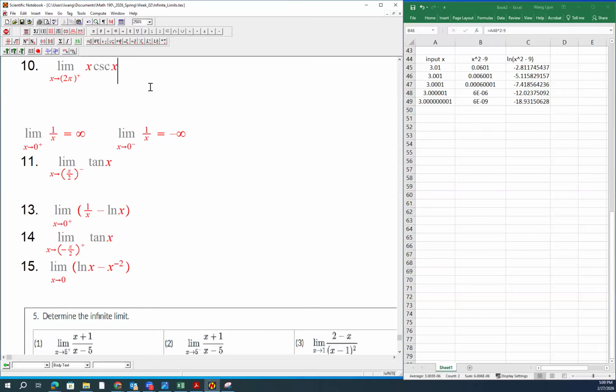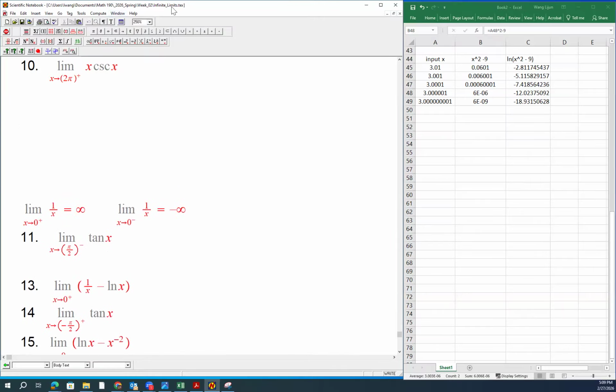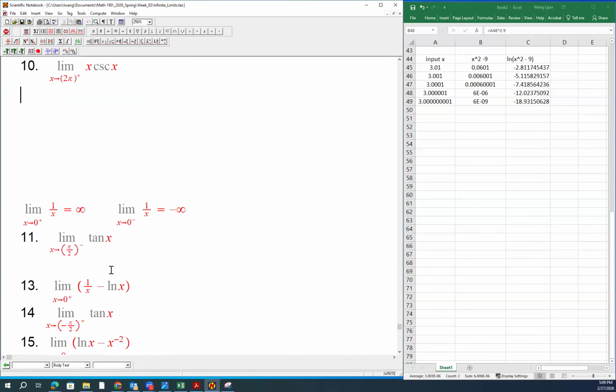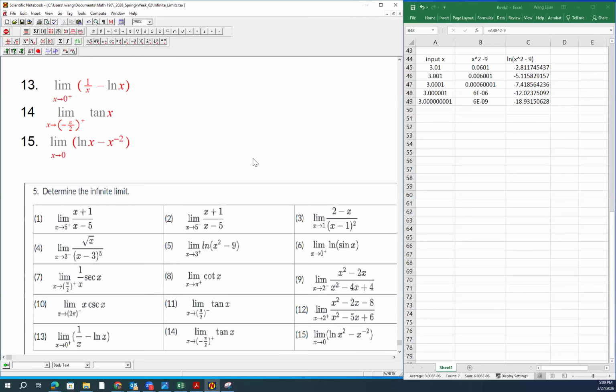So now what we have is number 10. We have x approaching 2 pi from larger than 2 pi. No, from smaller. I think I made a copy error. Number 10 is 2 pi from smaller.